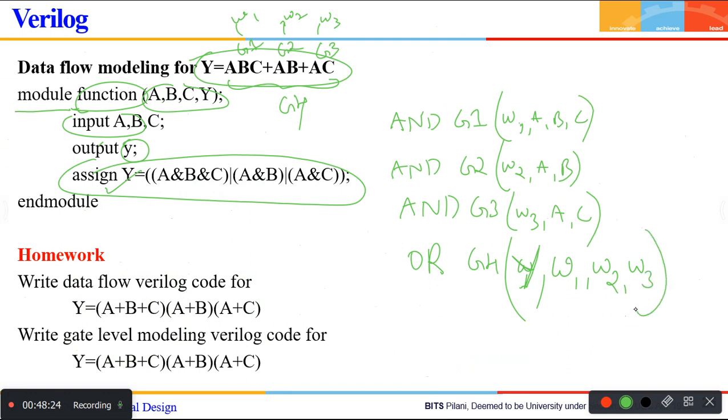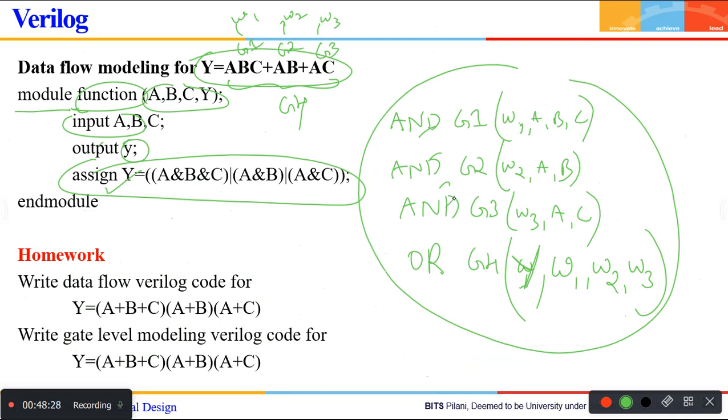This is called the gate level model, where you use the gates.